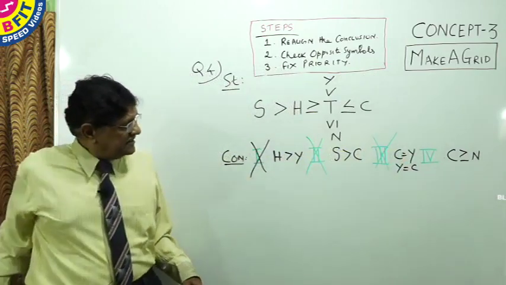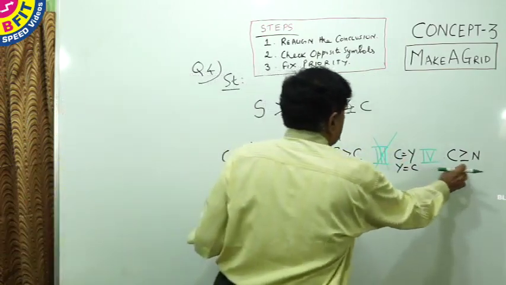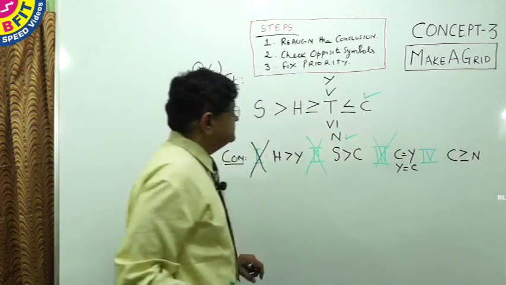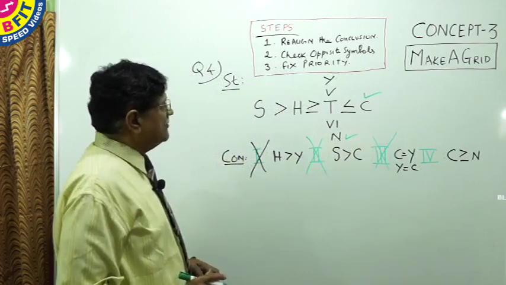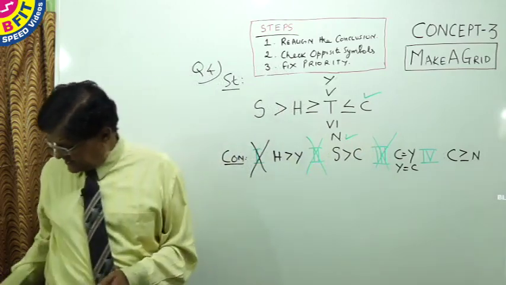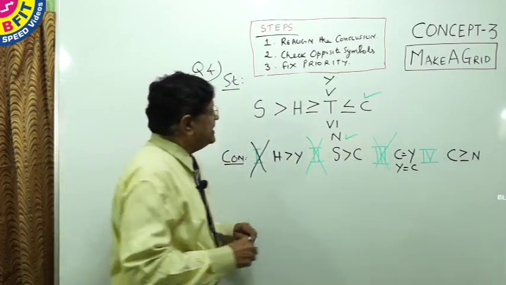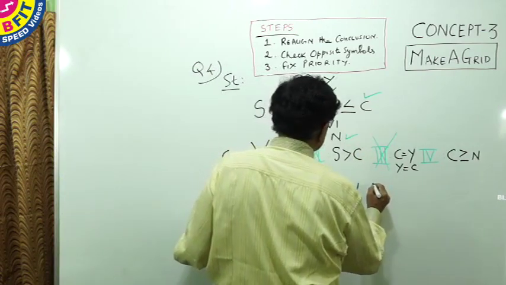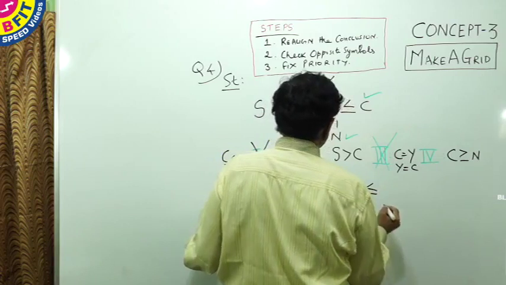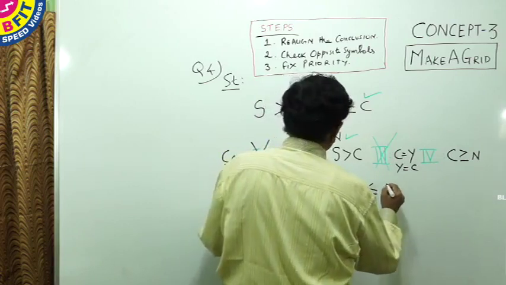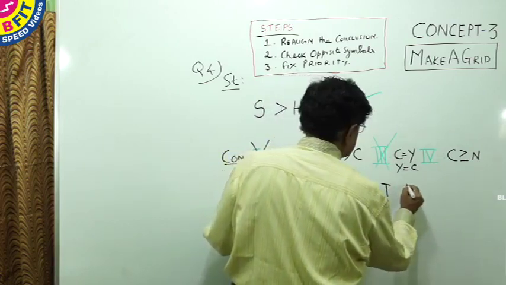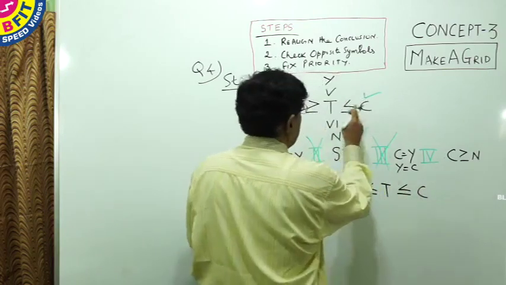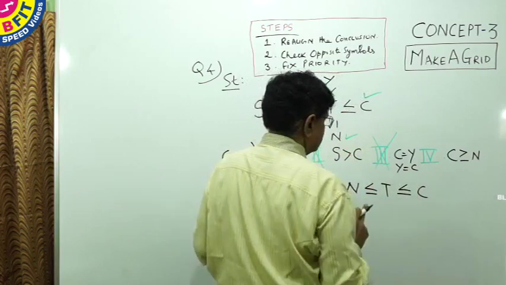Conclusion 4 says the elements in the conclusion are C and N. C is here, N is here. So we have to make a single statement. N is less than or equal to T is less than or equal to C. I have written this in a single statement form, that's all.